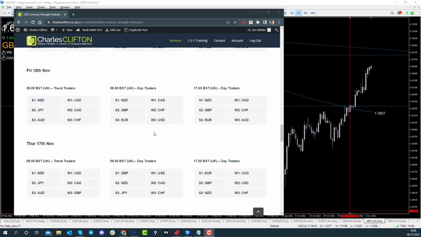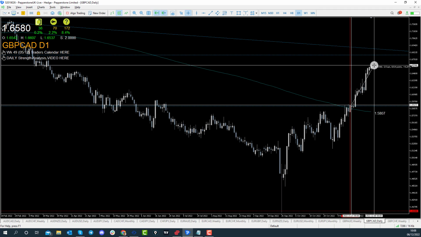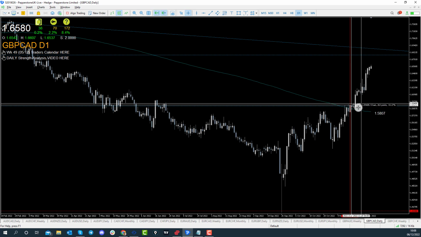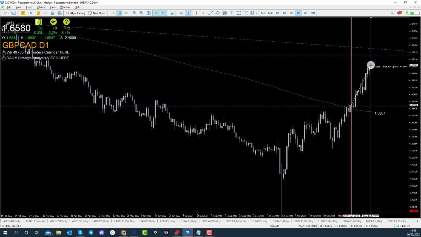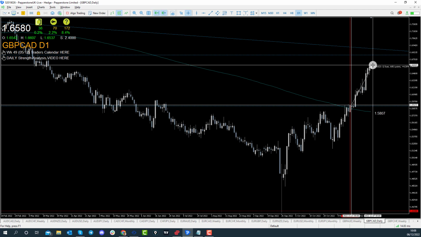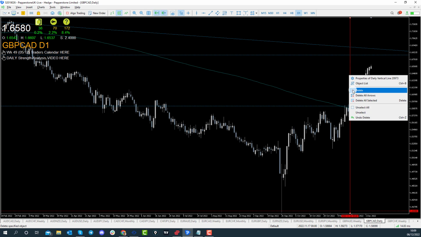If we go all the way back, you can see here pound S2, CAD W1 on the day traders table, and if I go to that chart now, this is where we featured pound CAD last, and since then price has rallied over 690 pips to the upside, so a decent amount of opportunities you could have had from that point when it broke through the resistance level, heading to our next point of interest. So let's have a little look at pound CAD in a bit more detail then.